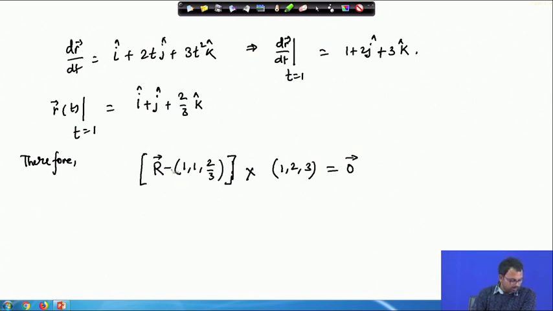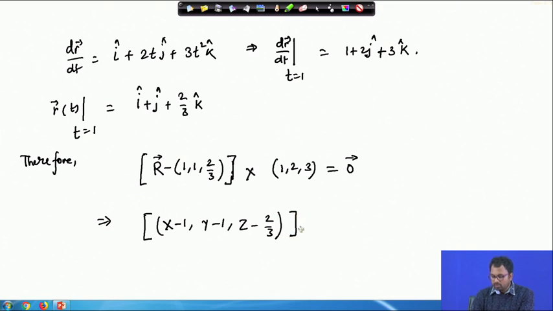If we want, we can write this capital R as capital X, capital Y, capital Z. So, this is basically (X minus 1, Y minus 1, Z minus 2/3) cross product with (1, 2, 3) equals 0 vector.